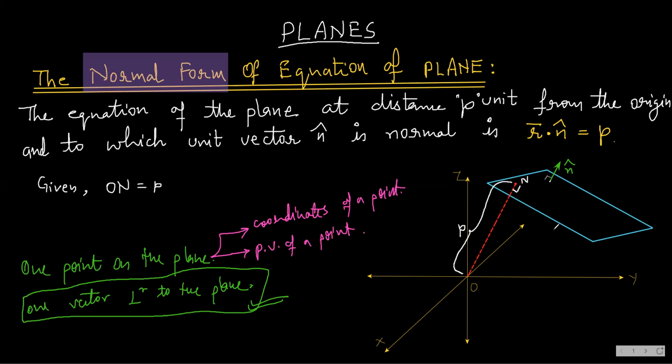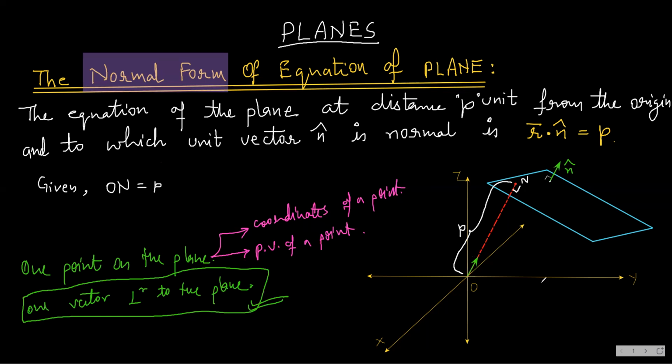Why? Because see, I have a unit vector perpendicular to the plane. Now this unit vector has magnitude equal to 1 unit. Now if I multiply p to this unit vector, try understanding, what will happen?